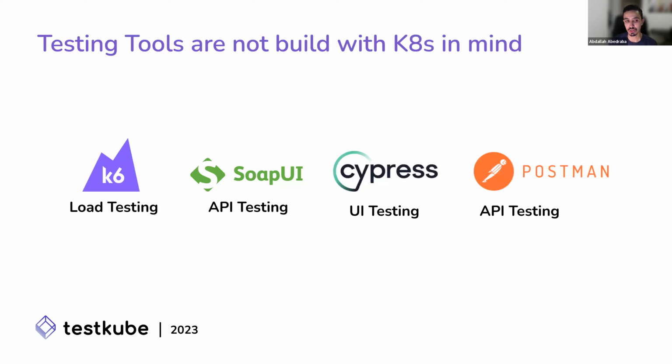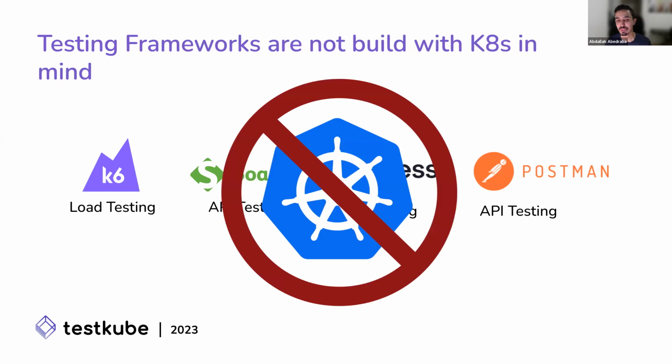One of the things that we saw that was common is that there are a lot of very good test tools out there that we did not want to compete against, and we did not want to reinvent the wheel. But the problem with these tools like K6 and SoapUI and Cypress and Postman is that they run specific use cases, but they did not have Kubernetes in mind.